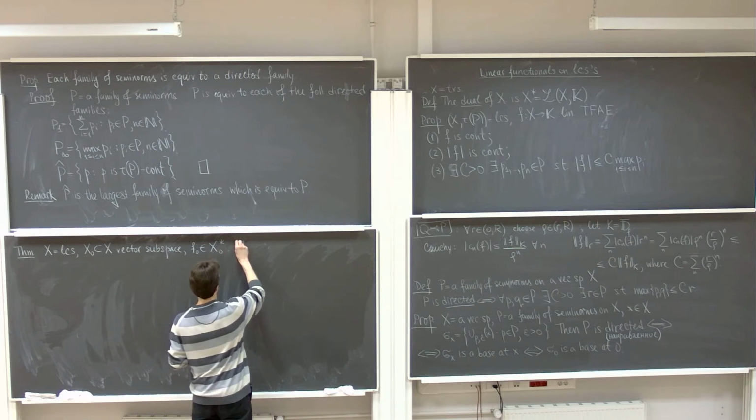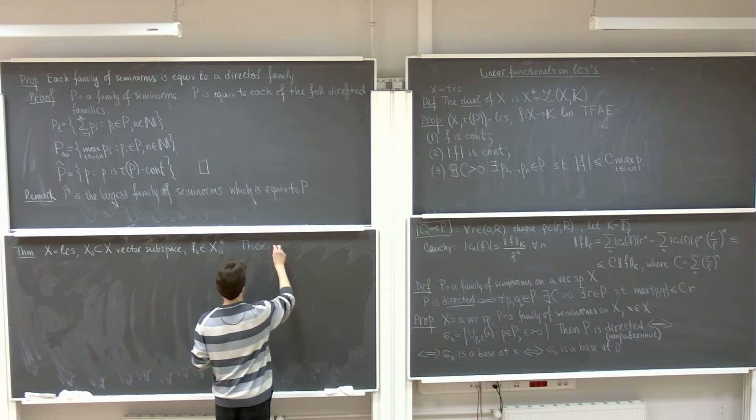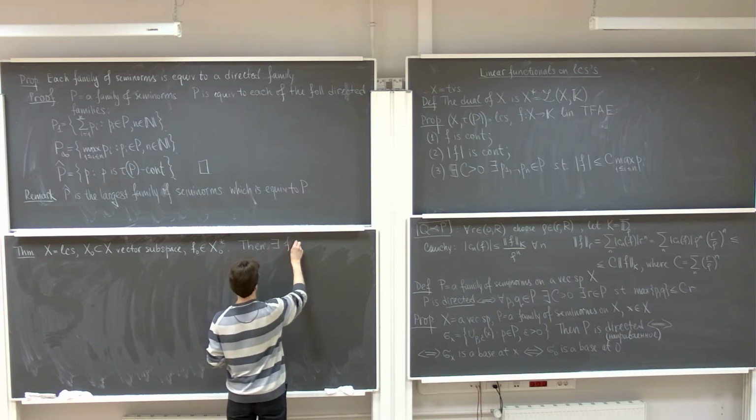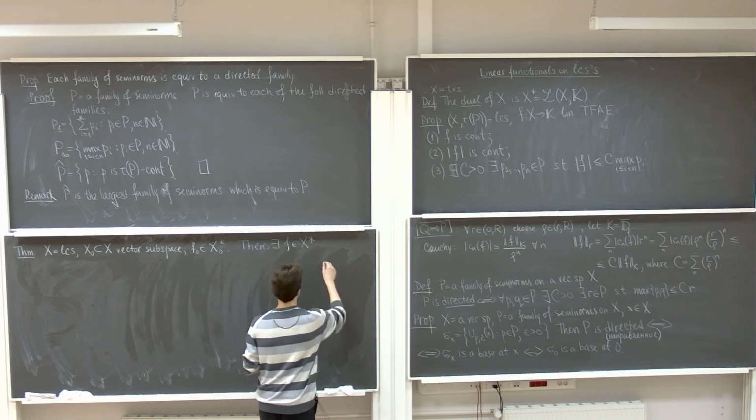So I claim that F0 can be continuously extended to X. That is, there exists a continuous linear functional F on X which extends F0.